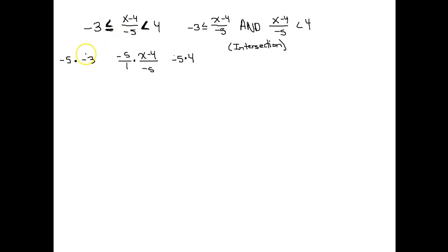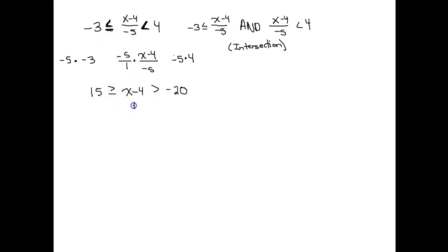So I've got -5 times -3 in this first part, which will give me 15. I've got -5 times (x minus 4) over -5, which is just going to give me x minus 4. And then I've got -5 times that 4, which is going to give me -20. Now I did multiply by a negative on all three parts, so I do have to flip my inequality signs.